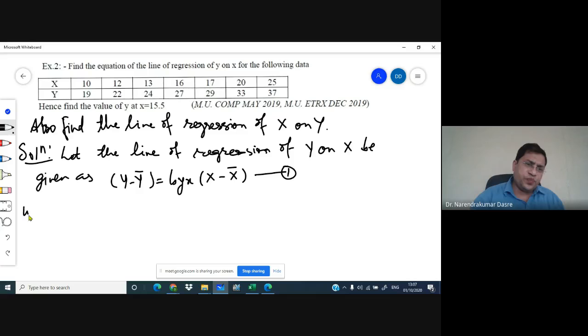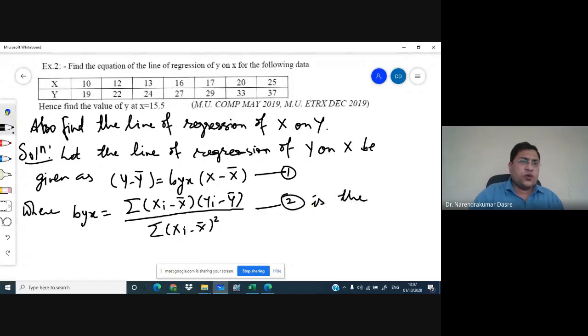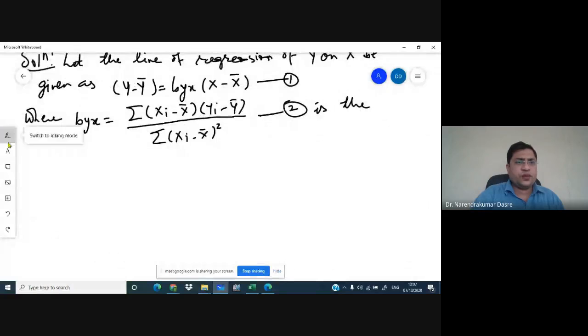That is equation 1. Where byx is equal to summation of xi minus x bar into yi minus y bar, upon summation of xi minus x bar whole square. That is equation 2. So byx is the coefficient of regression.